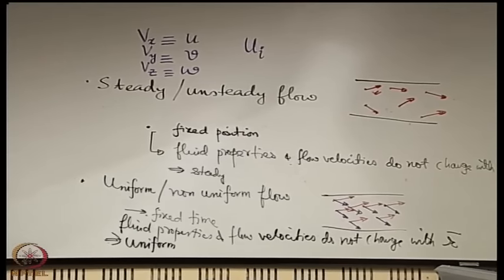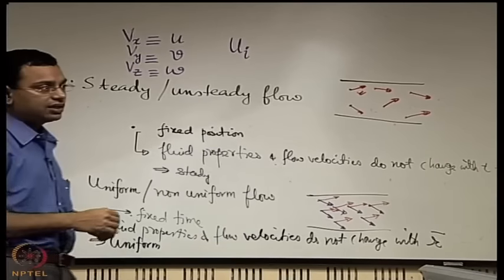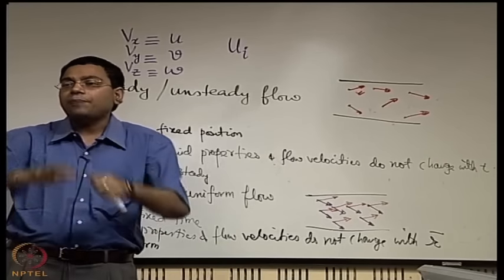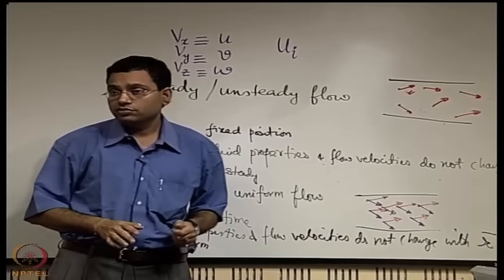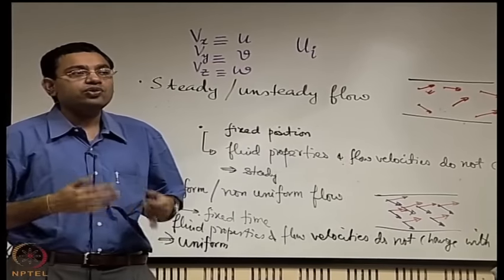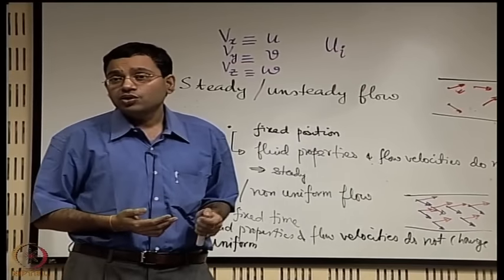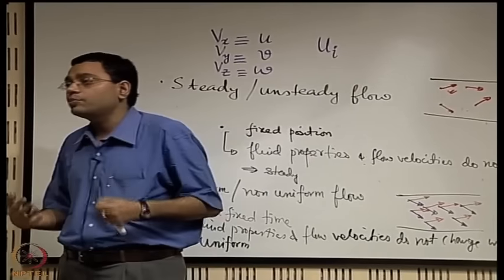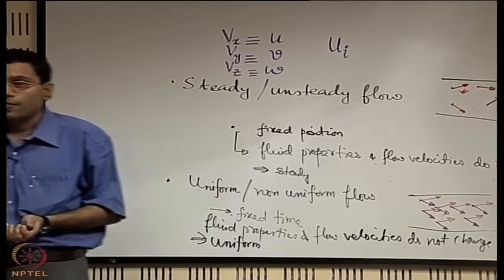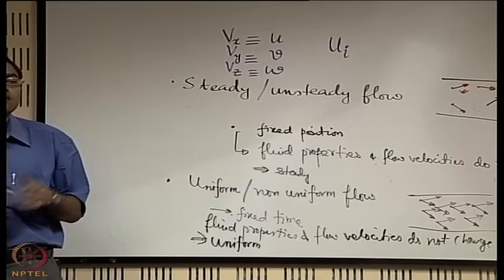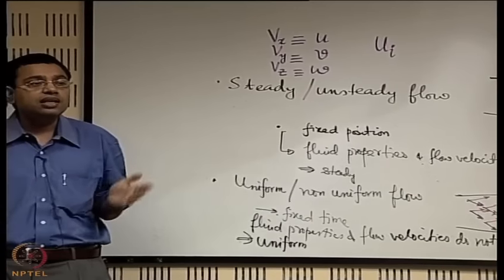Now whenever a flow field is having a velocity, it is not so easy to map the velocity vectors in a flow. So there should be some mechanisms by which we try to develop a feel of how we visualize a flow, and for that we have to consider certain imaginary lines in the flow.